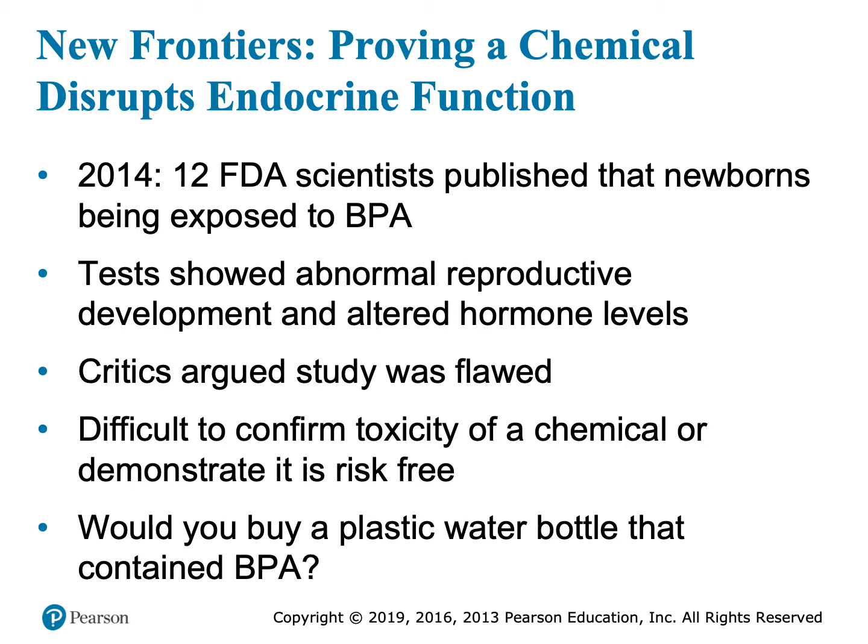In 2014, 12 scientists published that newborns were being exposed to BPA in their bottles, which is a toxin found in plastic. Critics argued this study was flawed because they were only giving extremely high doses of BPA to rats or testing animals, and they didn't notice a risk if BPA was given to the rats at a much lower dose.